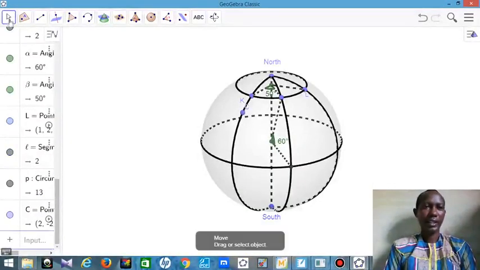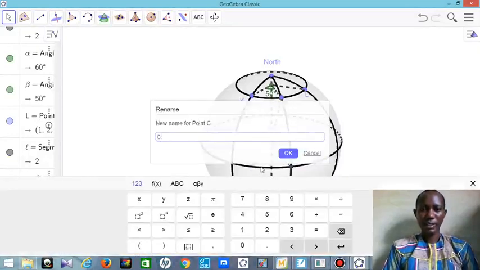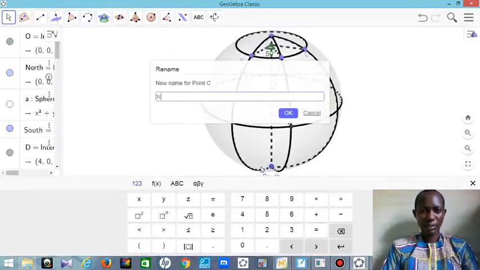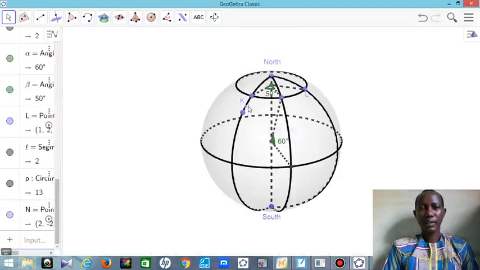Let's call it N. Okay, so you can see point N very well. N is due south. South is downward. So it's still on the same line with K, on the same longitude, but it will come down to south.